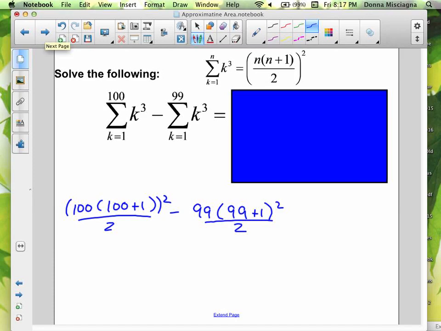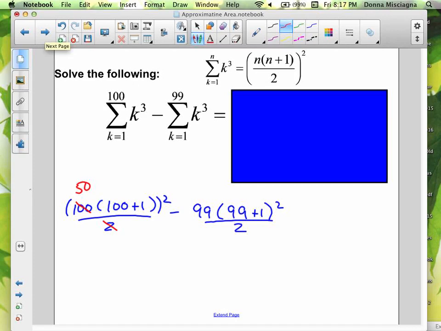Now, that's one way we could do that, right? Certainly better than plugging in 100 terms. And we could simplify that. So this would reduce to 50. And even if there were shorter ways than this, it doesn't matter. We could just use a calculator to do the rest of this, couldn't we?